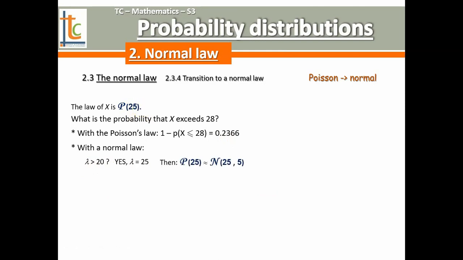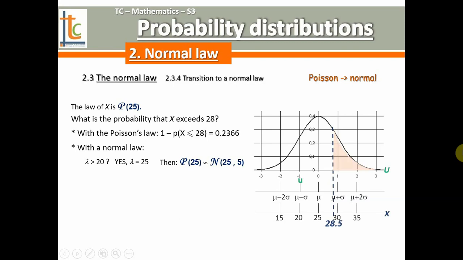So we can use the normal law with mean 25 and standard deviation square root of lambda, which is 5. We can ask this probability with the normal tool of your calculator with the interval 28.5 and 1000, for example, to simulate the interval 28.5 to plus infinity. Your calculator will give you the result 0.242.